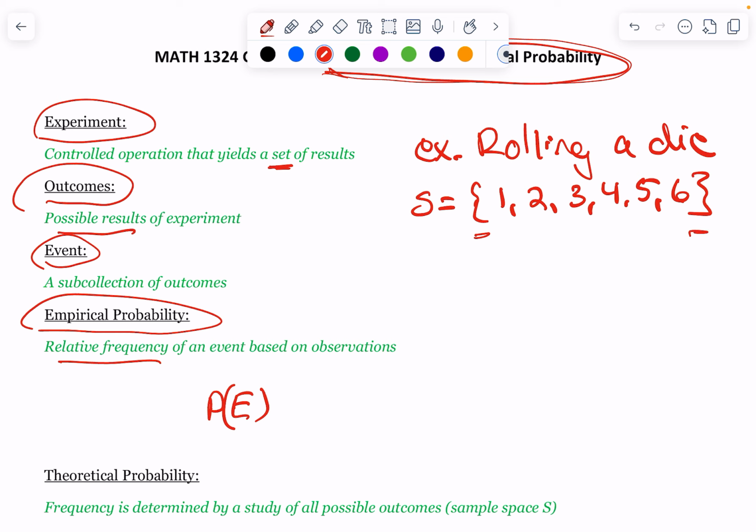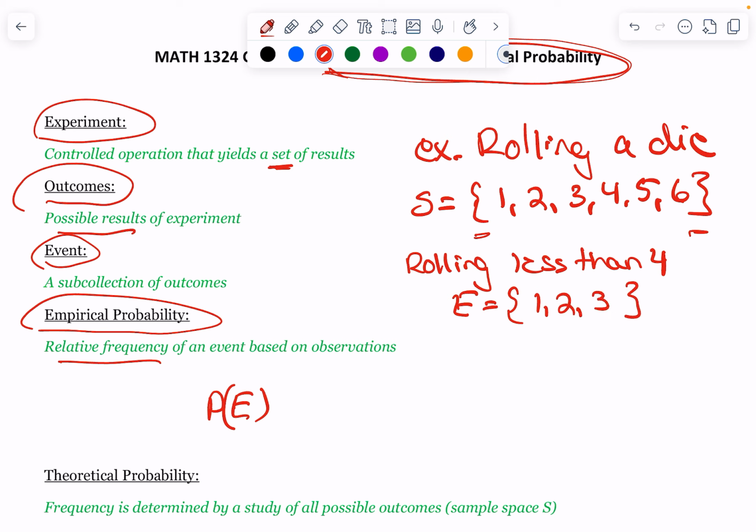Now, for example, if we're looking at rolling less than 4, that would mean that our event would be 1, 2, and 3.